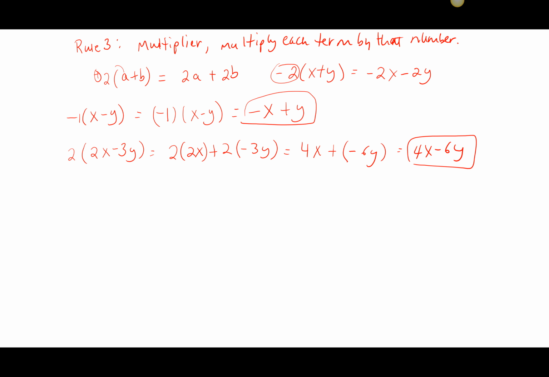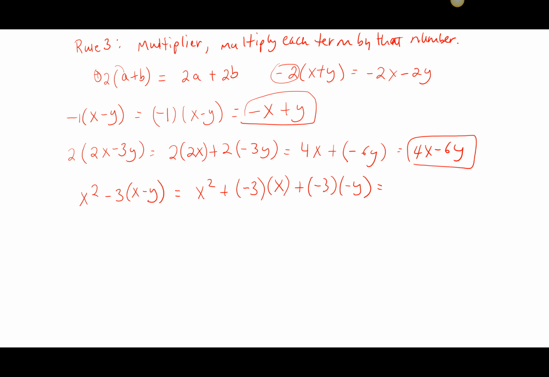Okay, let's do another one. X squared minus 3 times (x minus y). Remember, the more of these you do, the quicker you'll get at it, okay? So x squared, now minus 3 times x is going to be, we'll put plus minus 3 times x plus minus 3 times minus y.